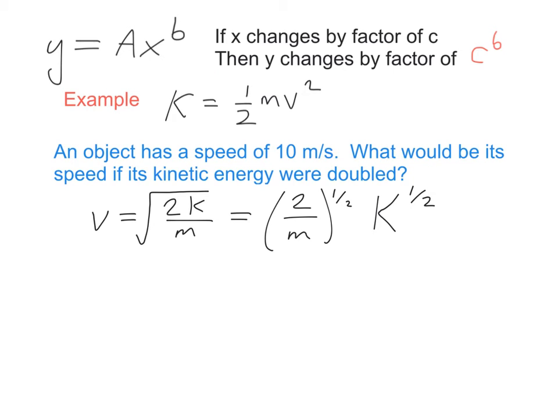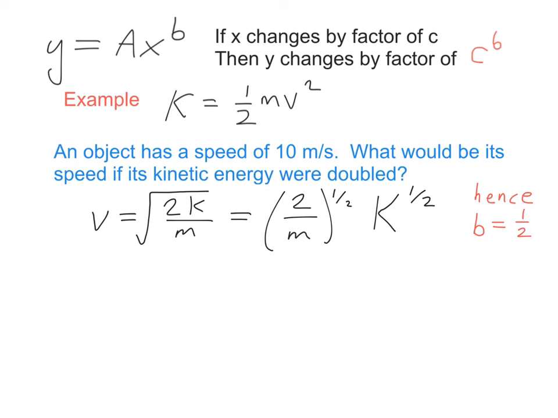So we're now in a position to use the fact that if x changes by a factor of c, then y changes by a factor of c to the b. In our rearranged kinetic energy expression, we have that the speed is proportional to K to the 1/2 power. So if K changes by some factor, v will change by that same factor to the power of 1/2.